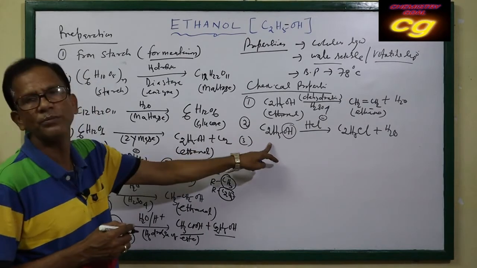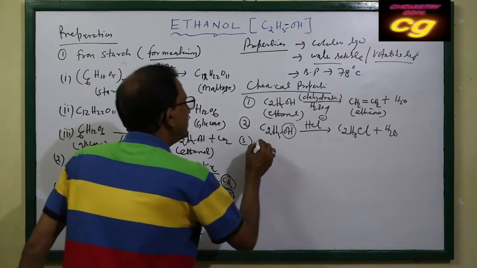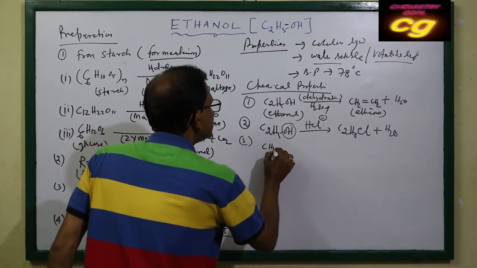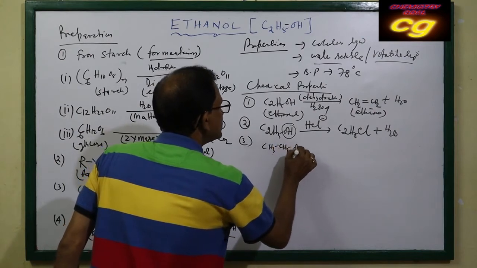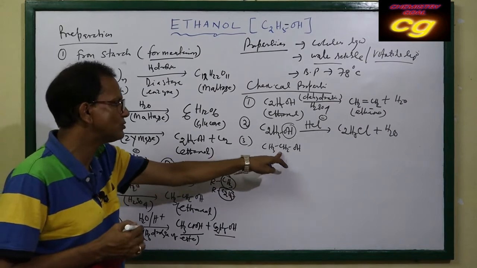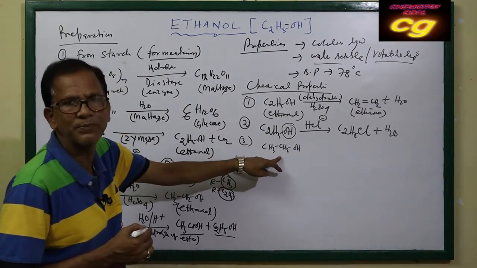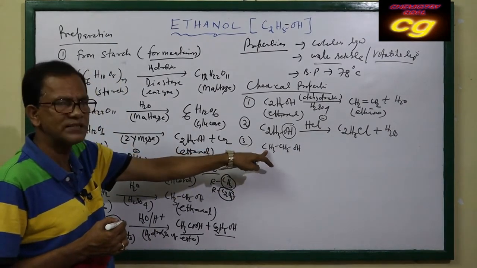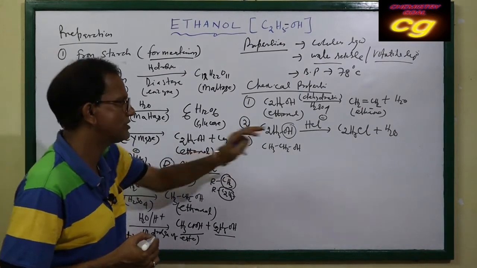Alcohol can be used in the preparation of acid. How? If you take CH3CH2OH, the C2H5OH is the same as CH3CH2OH, written in expanded form. Both formulas are the same.